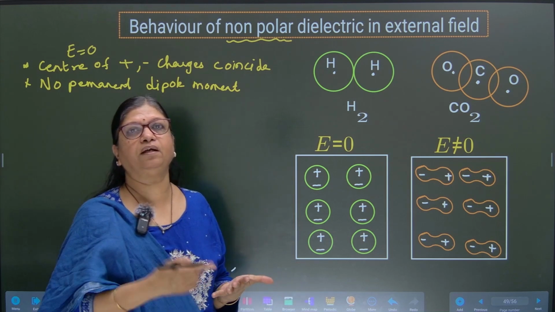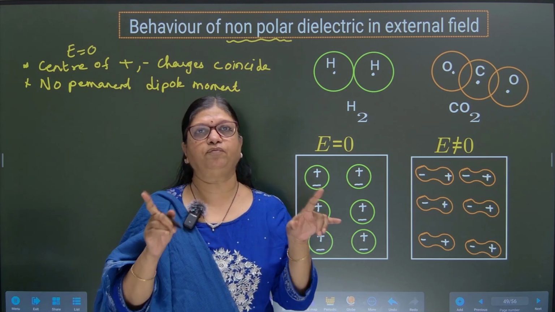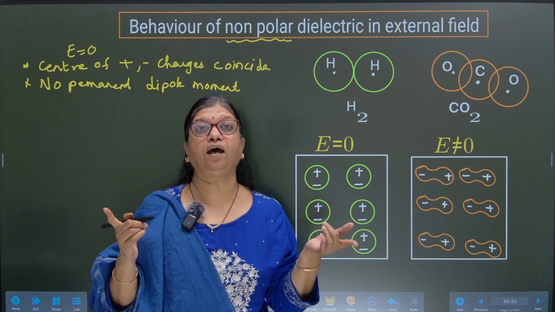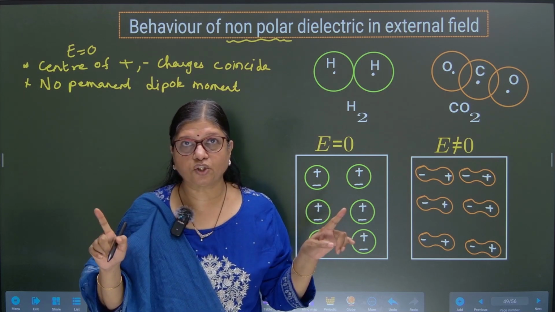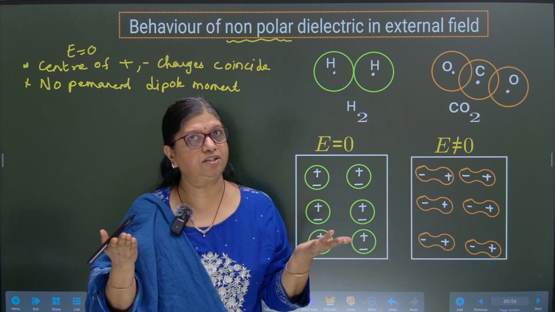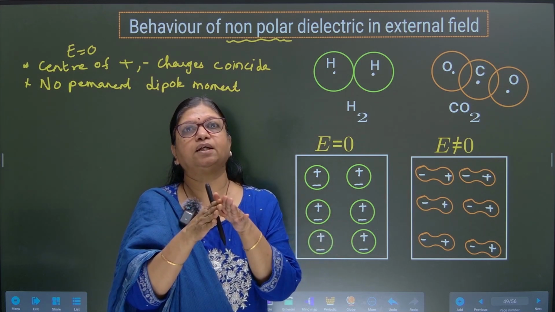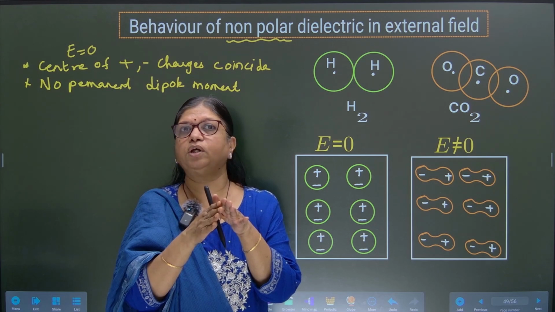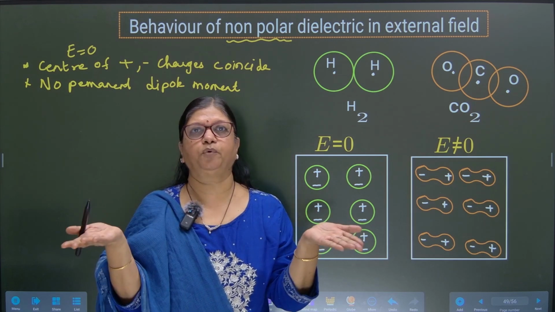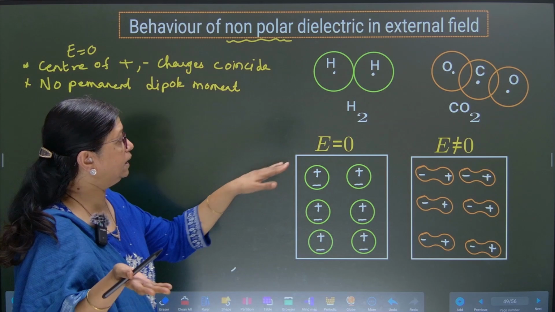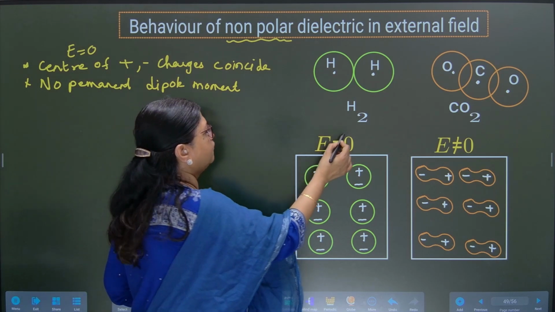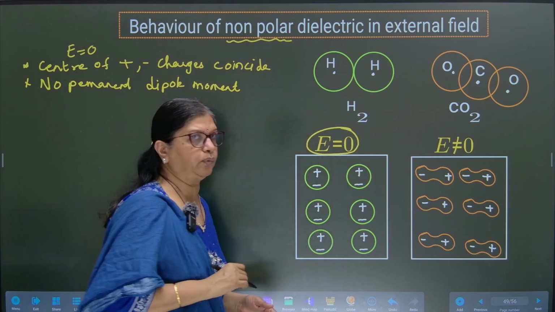For having a dipole, we should have a positive charge and a negative charge with a separation of 2a. The separation is not there. Both the charges are coinciding, so there is no dipole in the absence of electric field, E is equal to 0.